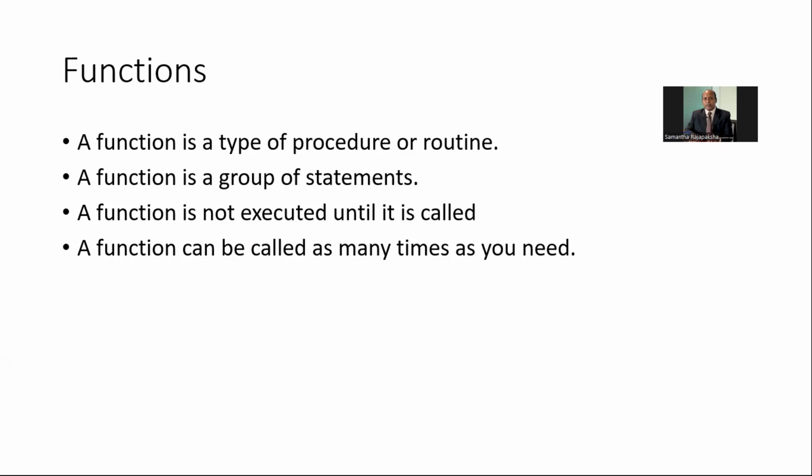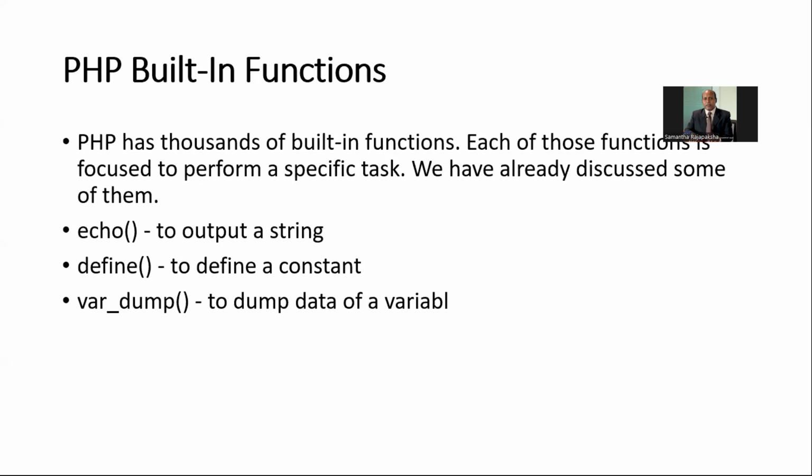When someone wrote a function, by using the function name, we can use it again and again without redeveloping it. So we have some built-in functions like the echo function and print functions. Those functions are already there, so you can use these built-in functions.